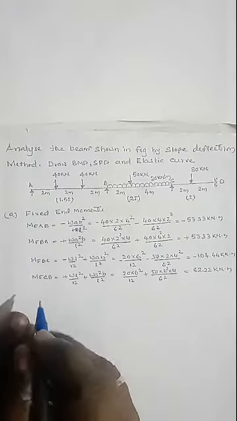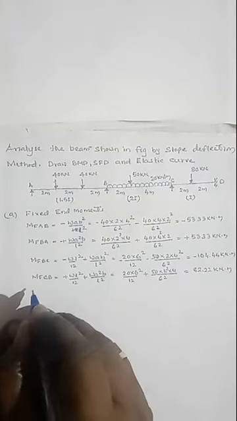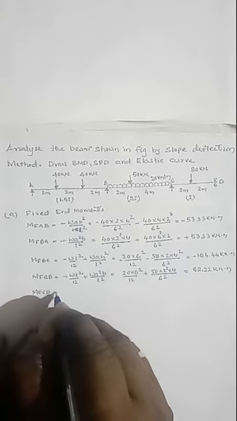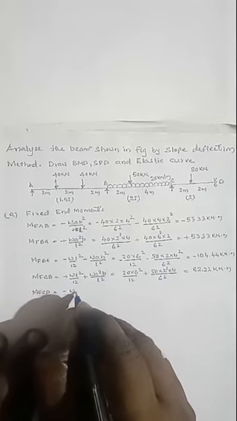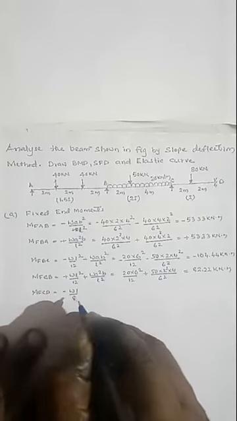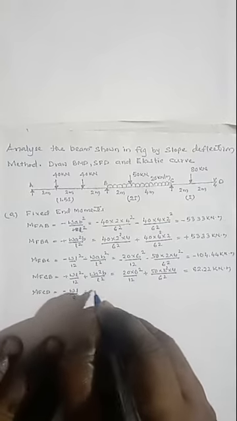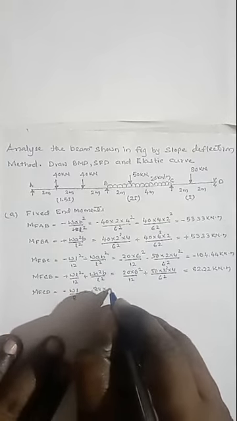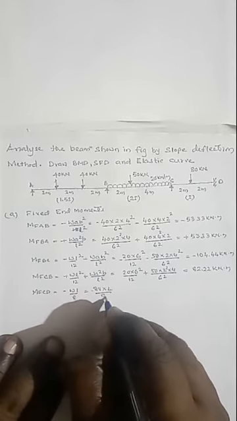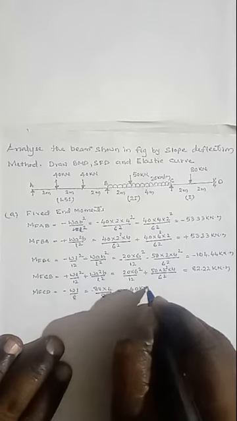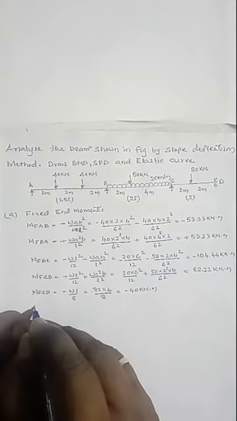Then in the last span, that is MFCD, that one is subjected to a point load at the center. Here at left hand, that is WL by 8, that is anti-clockwise. That one is 80 into span 4 divided by 8, that one is minus 40 kilonewton meter, anti-clockwise.